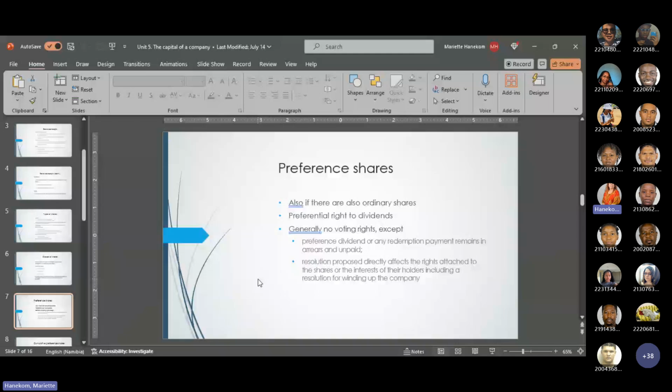And voting, as we will learn in Unit 8, is an important manner in which shareholders exercise control over a company. Voting is how shareholders make decisions and make sure that they're happy with how the company is being run.